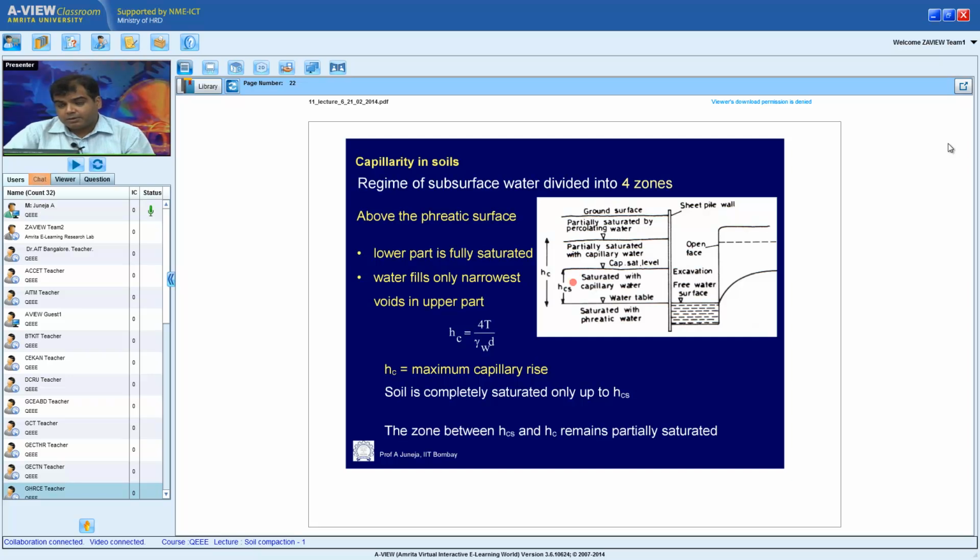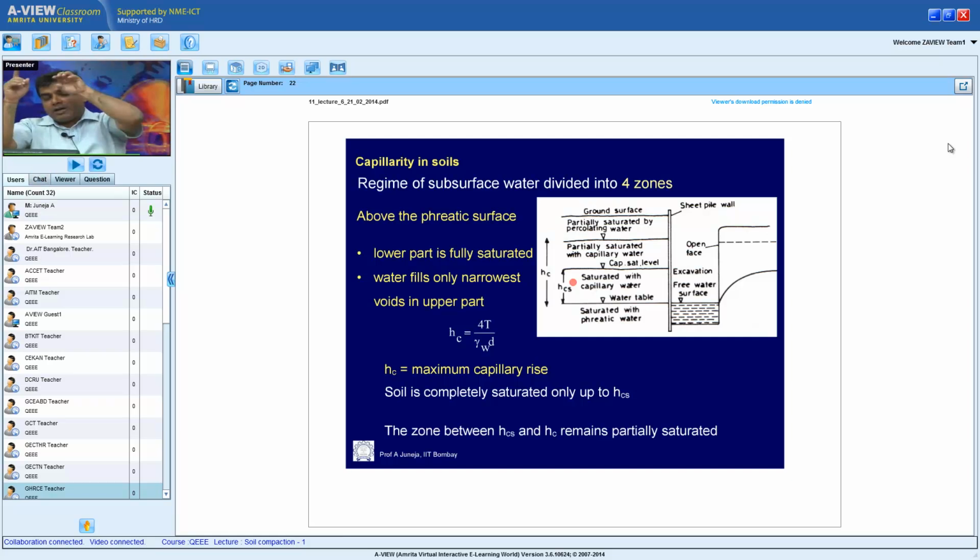Because your voids are not as uniform as a capillary tube, and your soil particles are not so uniform throughout, there could be a small break in capillary. So you have good particles over here, and the soil capillary rises up to some level, but then you have chunks wherein the soil capillary is broken at this level, and somewhere over there the soil capillary goes still higher.